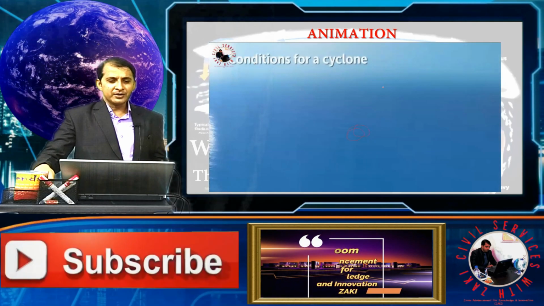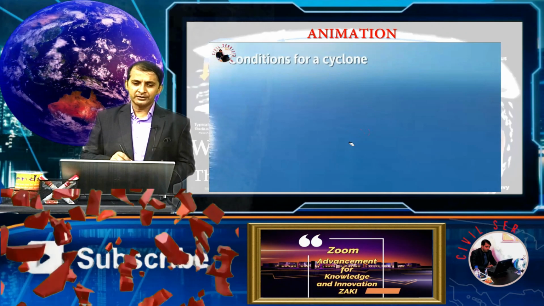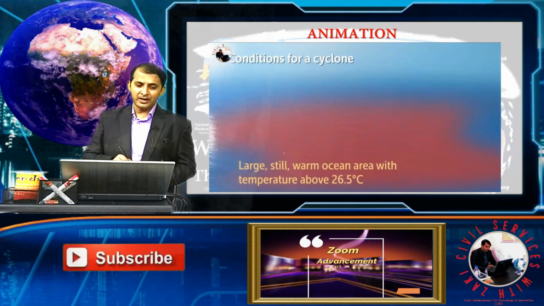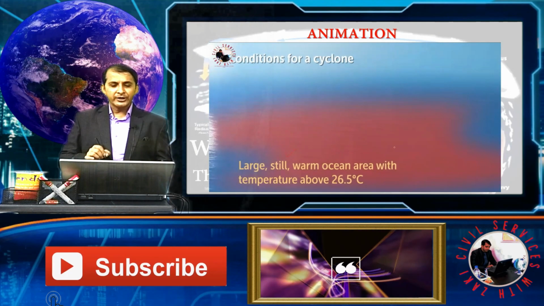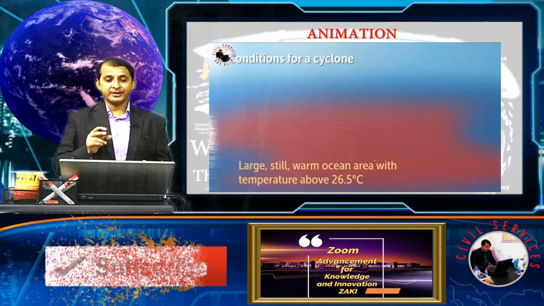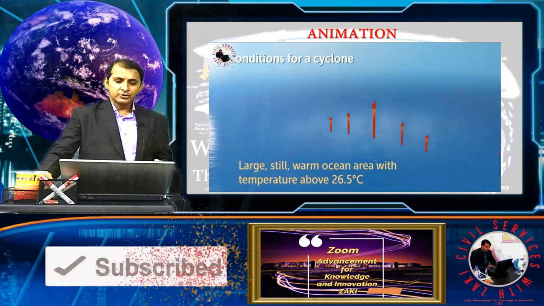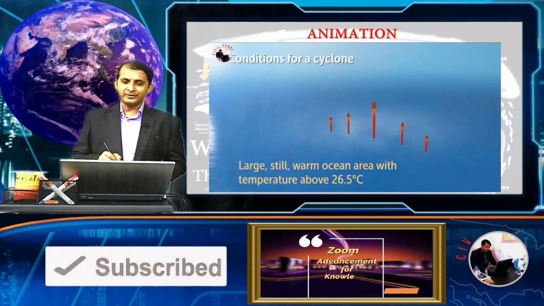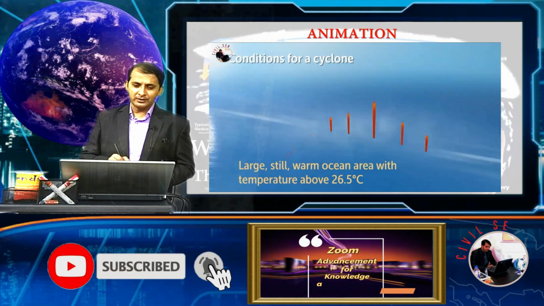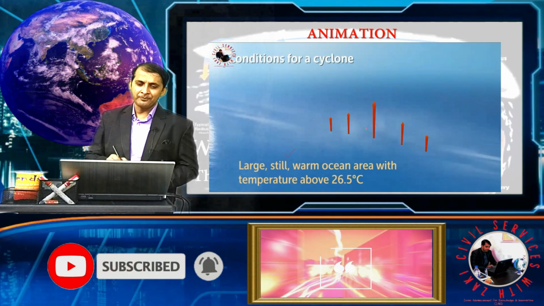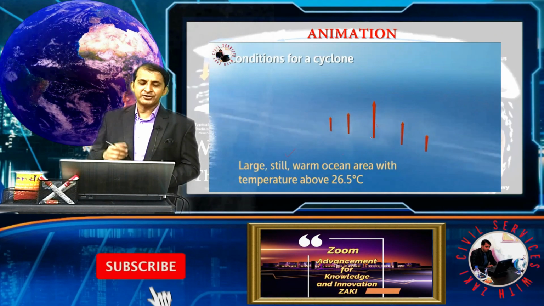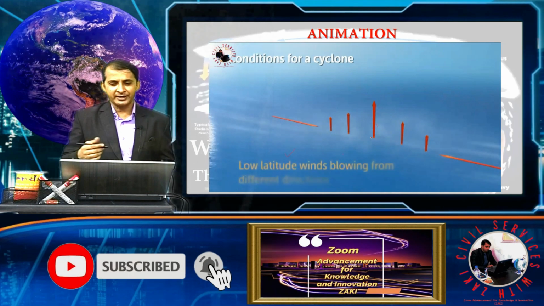So see first the conditions for a tropical cyclone. We need a large, still ocean, a warm area, approximately 26.5 degrees Celsius. After they evaporate this area, local wind is driven towards the low pressure area.